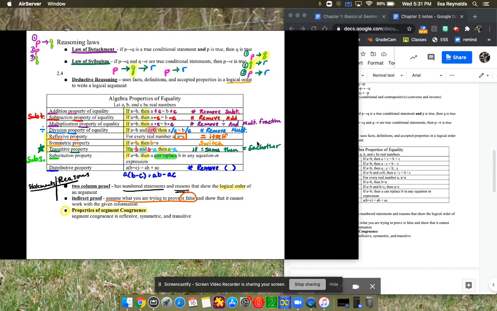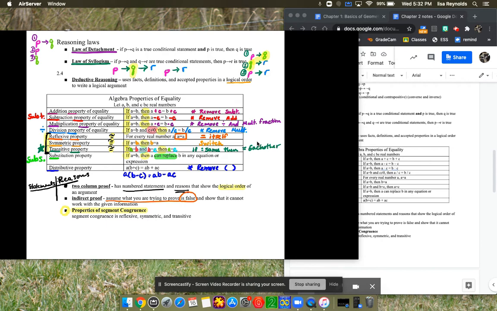So these three properties are also true for congruence. These properties work for equations, and they work for congruence. None of the other properties that are listed there work for congruence, just these three.